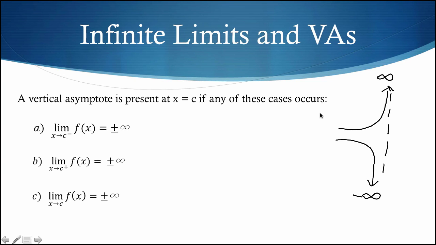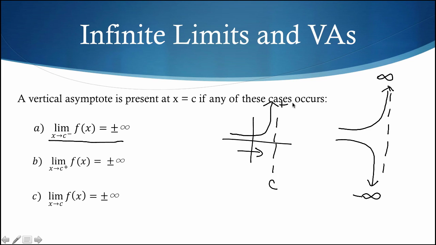Now, what do these have to do with infinite limits? Well, first of all, this is the notation for the infinite limit. It's just a basic limit, but the value is equal to positive or negative infinity. So if you're approaching a value x equals c, and let's say for the first part from the left side, then you would say the limit as x approaches c from the left side is going to be positive infinity.